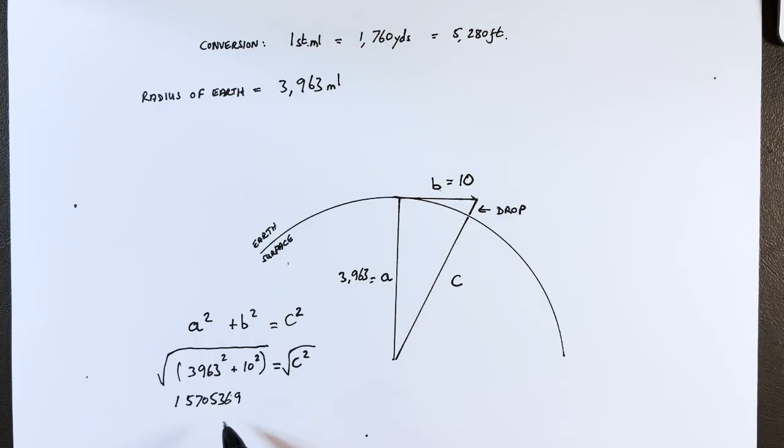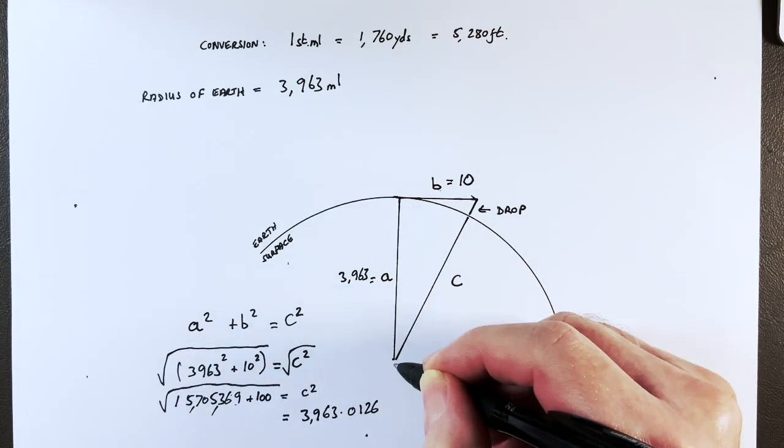15,705,369. Well, that's a difficult number, but this is 15,705,369 plus 10 squared, which is 100, and that equals c squared. So if you now square root that to equal c, it comes out that c equals 3963.0126. Now, what do we do with this number?